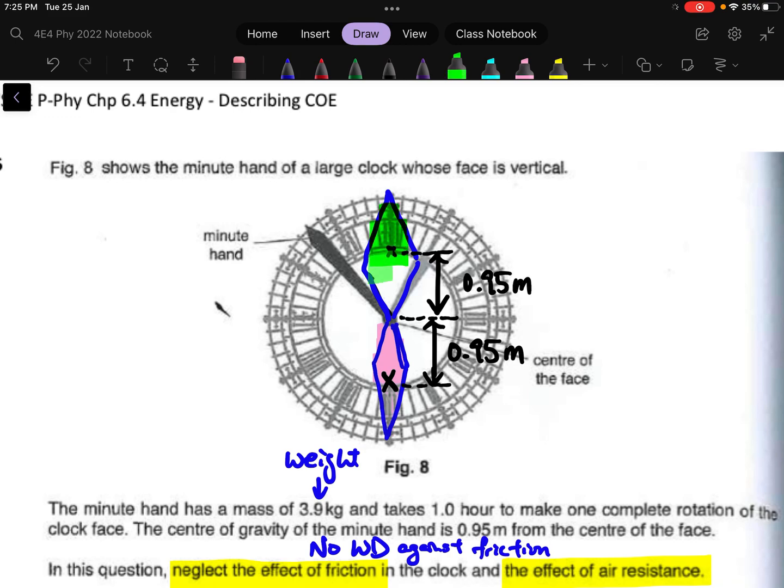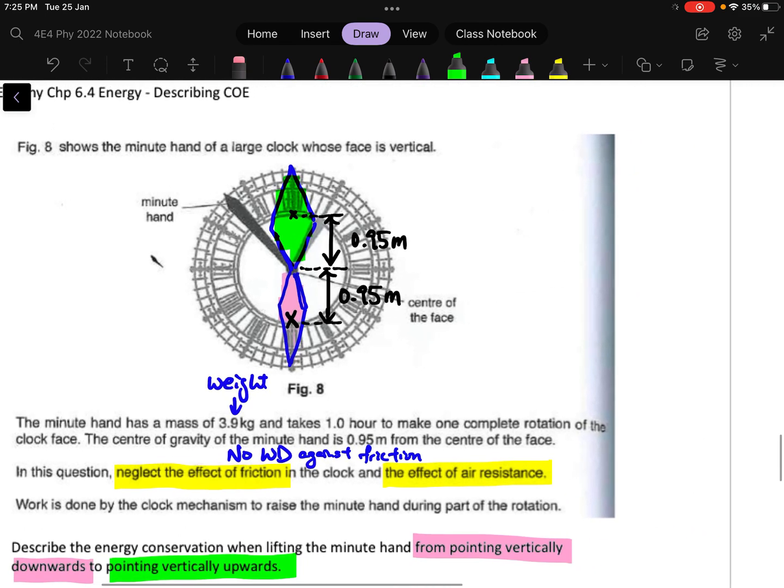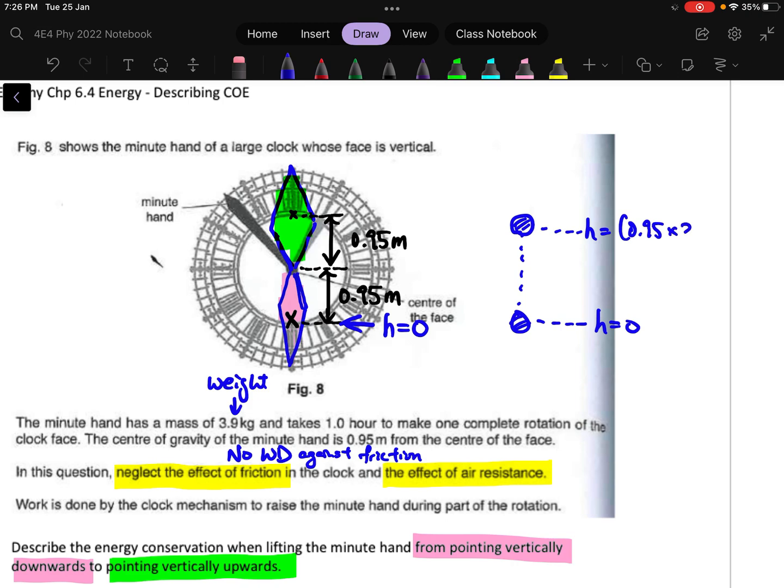So I'm having these two. Basically what I have is a system whereby the object started at h equals 0. Somehow after half an hour it appears here, whereby h is 0.95 times 2. Okay, my mental calculation not very correct.